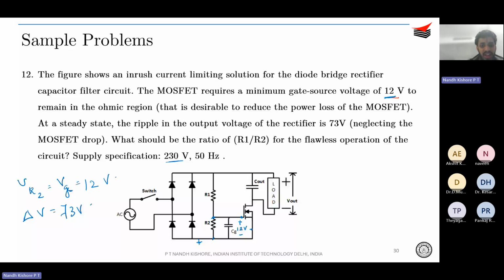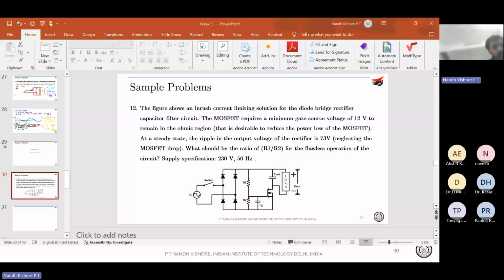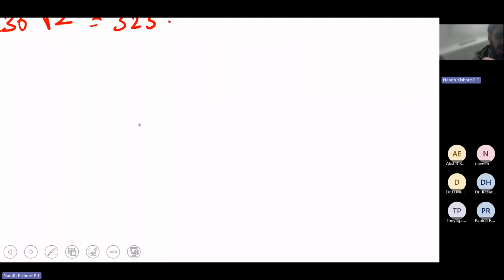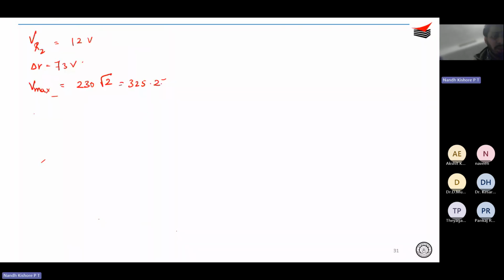So let me take another slide. We were just writing that VR2 is 12 volts and delta V is 73 volts. What is your Vmax? The supply is 230 volt RMS, so 230 root 2 is your Vmax. 230 times square root 2 is 325.27 volts.